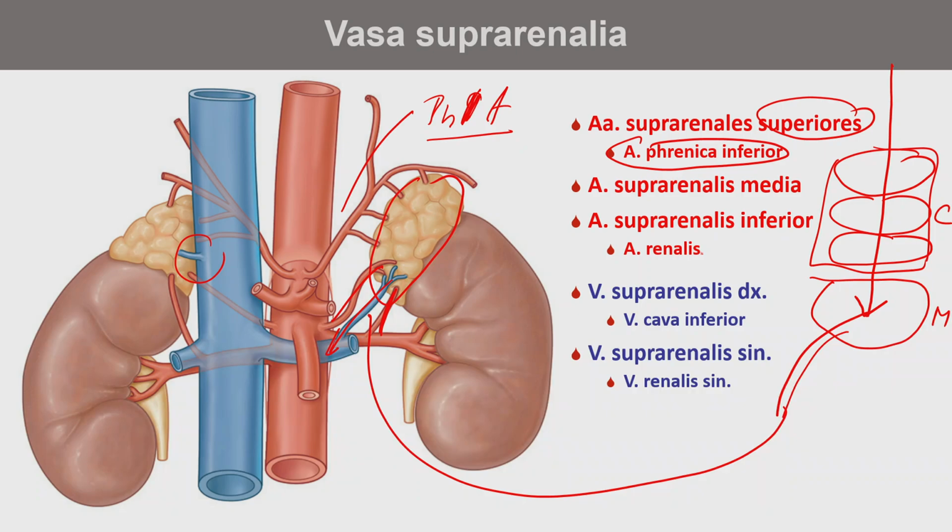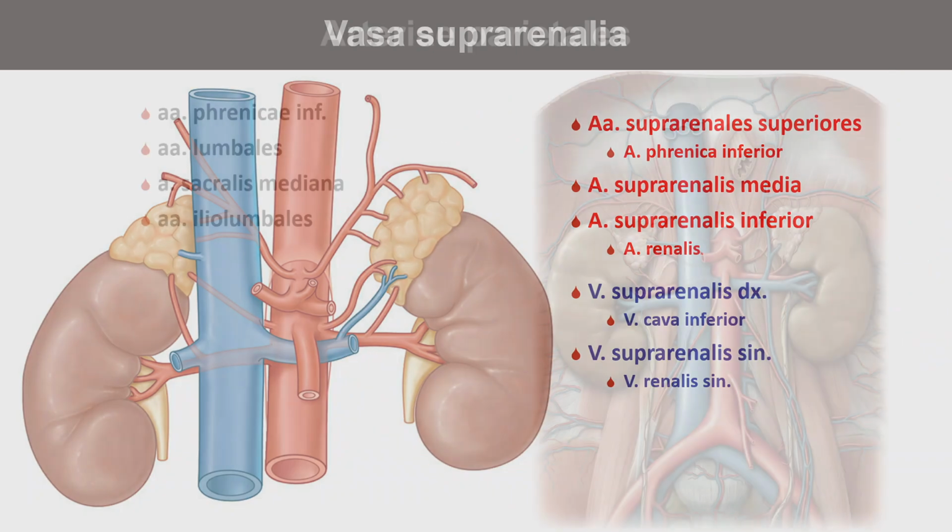So the blood is flowing through this column of 3 layers in the cortex, flowing into the medulla, and from the medulla the blood is collected into the adrenal or suprarenal vein.